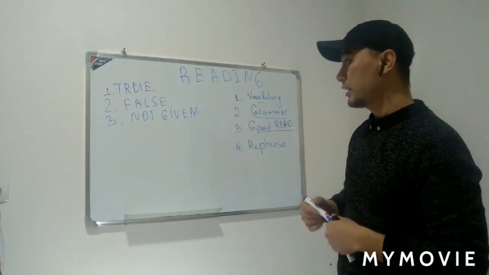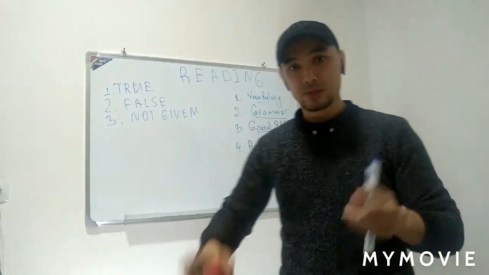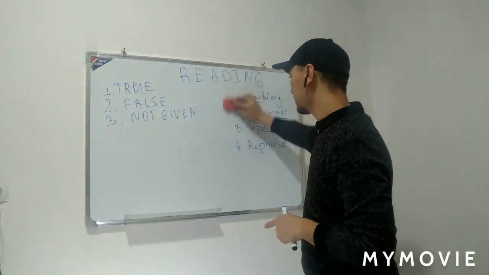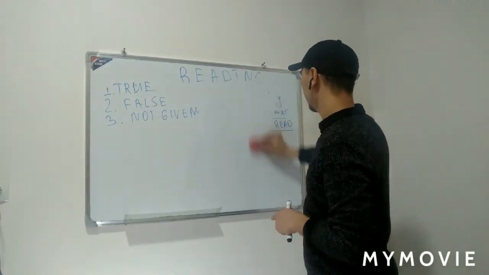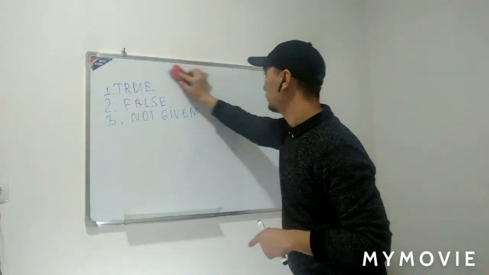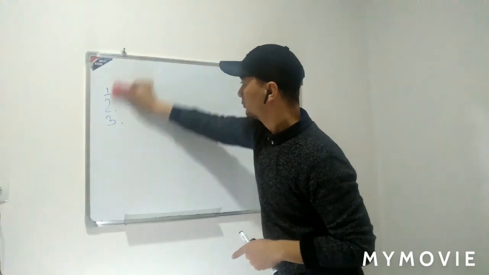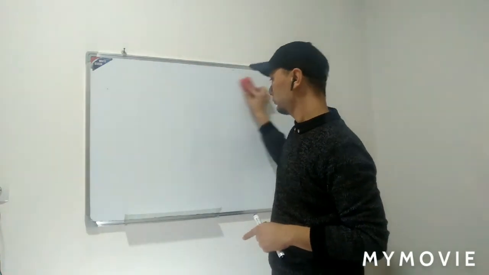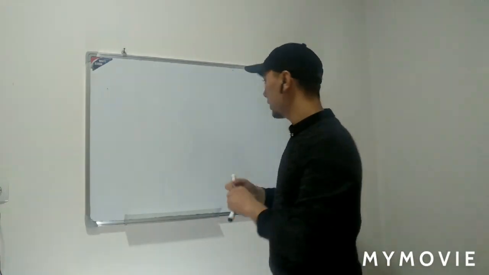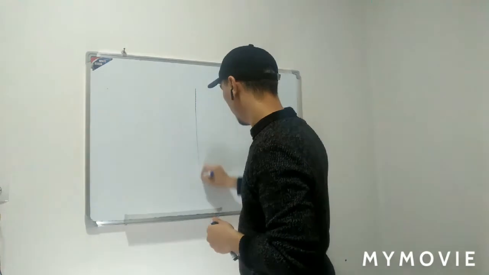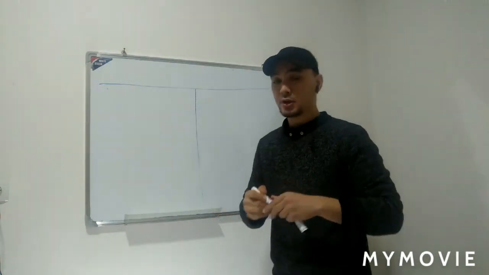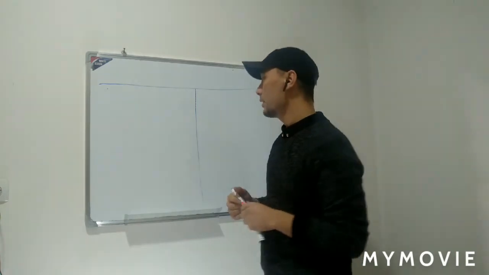Let me erase this one because I'm going to divide true, false, not given into two groups. It must be very understandable for you too.